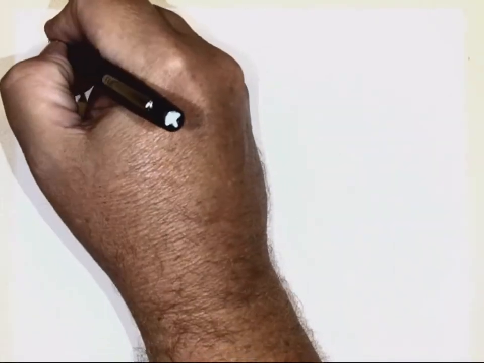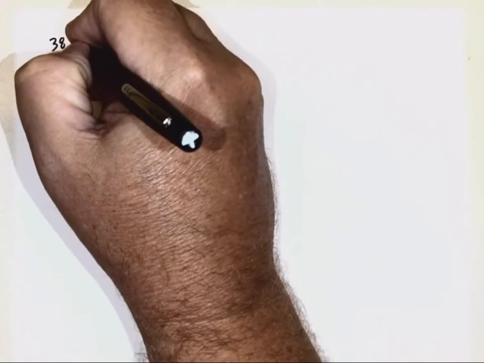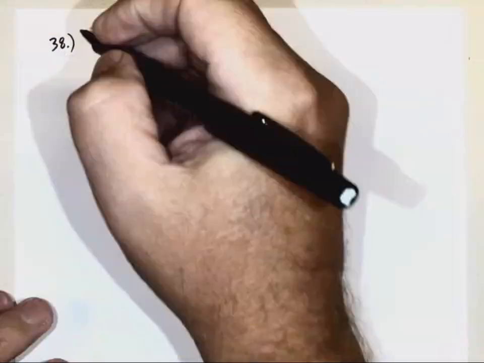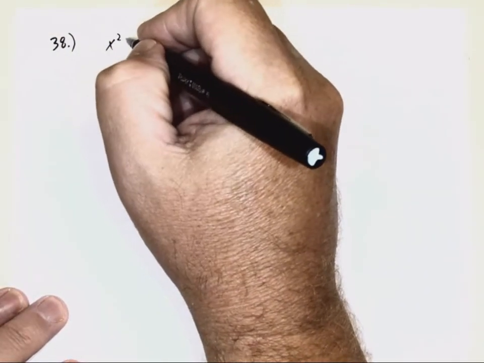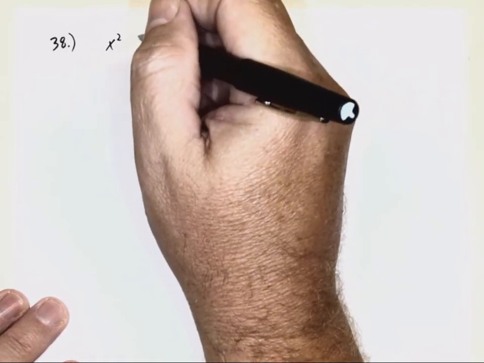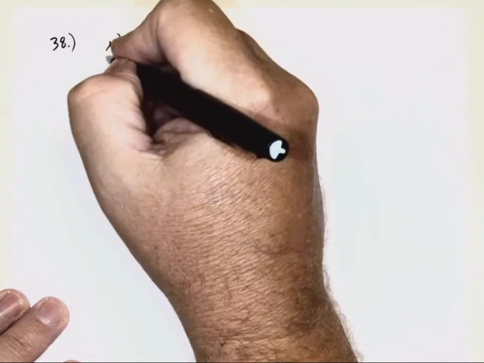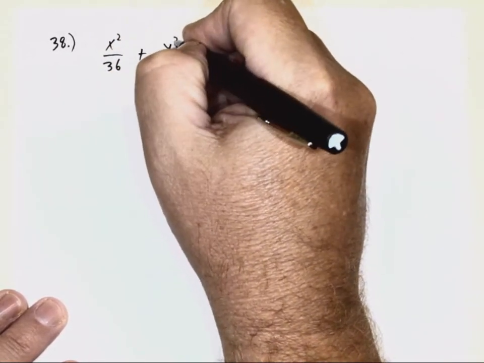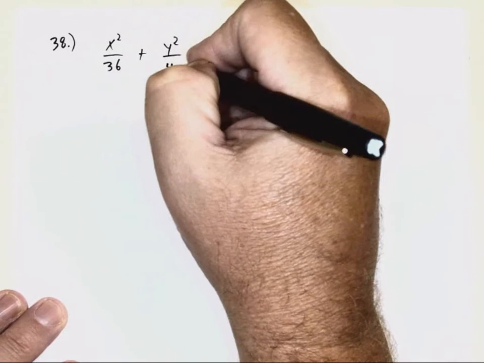Now we go on to ellipses. It says find the vertices and the foci for the ellipse. Graph the equation. So they give us this.